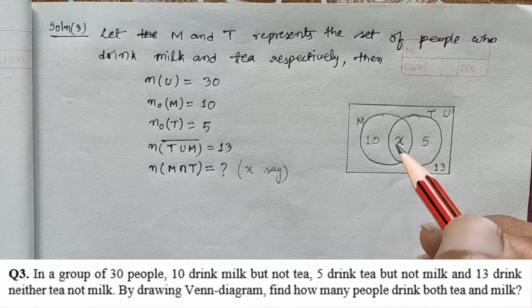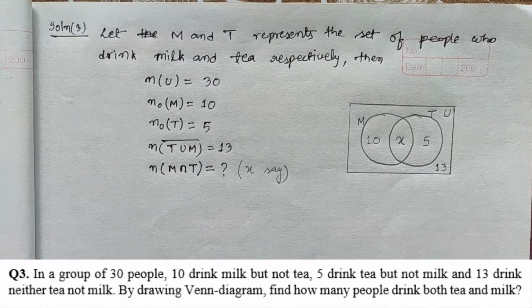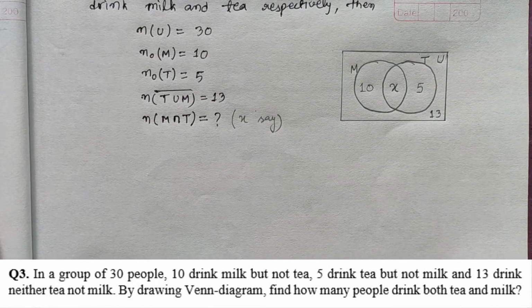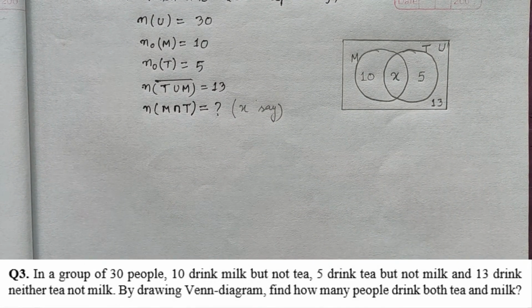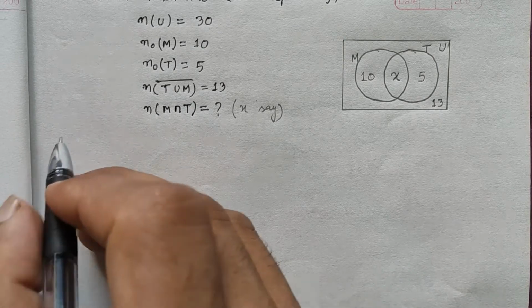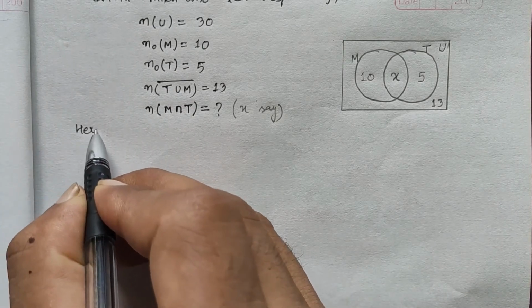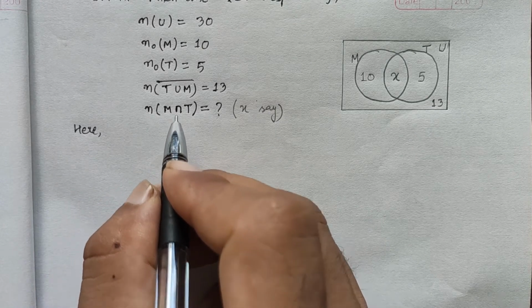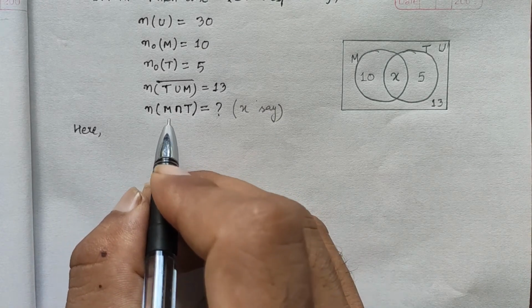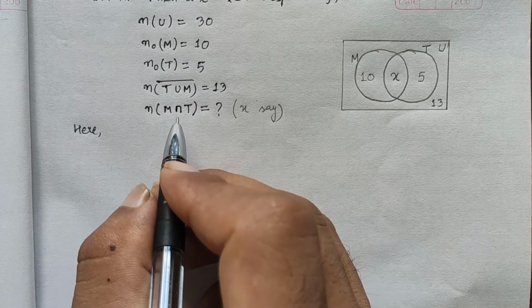Now we will use this to solve the problem, and the question says to find the intersection. So let's use the figure to find the intersection. To find the intersection, what we have to do first is always find the union.